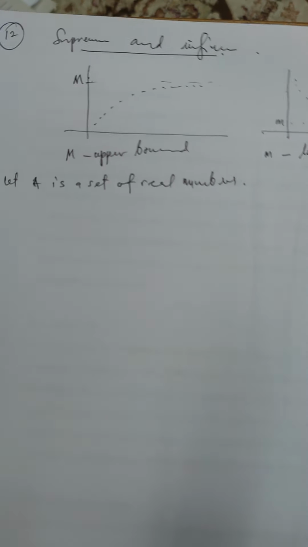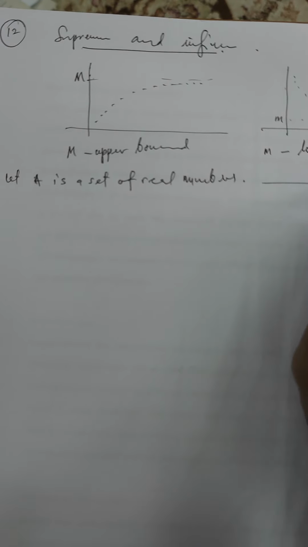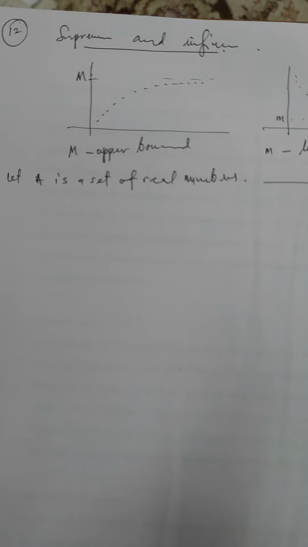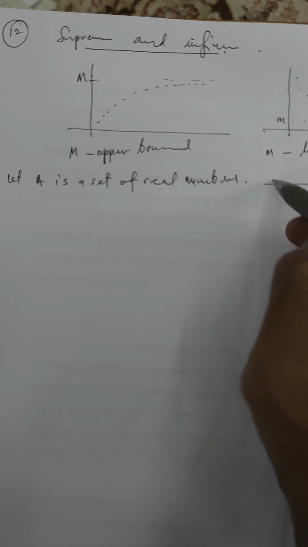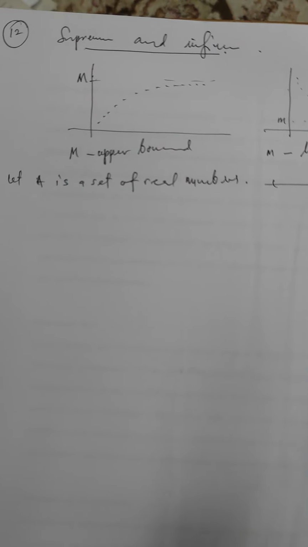You know what real numbers are? On the x axis, you may consider any, but just take one part of it, maybe here. Either an open or closed set is still okay. This is just one of the examples.